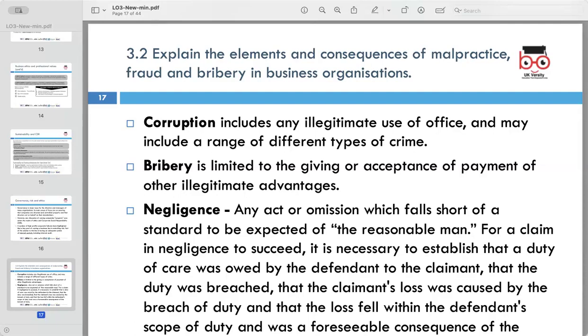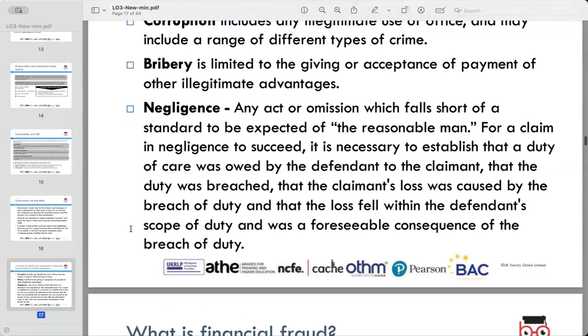Consequences of malpractice. Fraud and bribery in business organizations can be severe, ranging from legal penalties to reputational damage and financial loss. Malpractice undermines trust and ethical, responsible conduct, leading to erosion of stakeholders' confidence and potential legal ramifications.